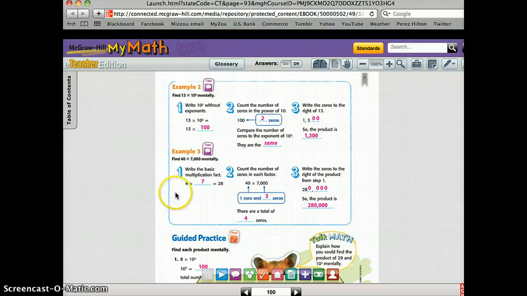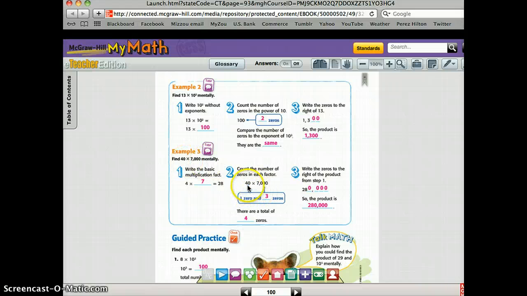And here's another example if you just had a problem with a lot of zeros in it. This one is 40 times 7,000. The first thing you're going to do is write the basic multiplication fact. In this case, it'd be 4 times 7. We're going to ignore those zeros for now. So we know 4 times 7 is 28. Then we're going to count the number of zeros that were in each of these factors.